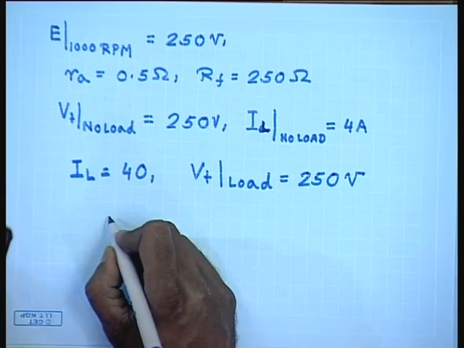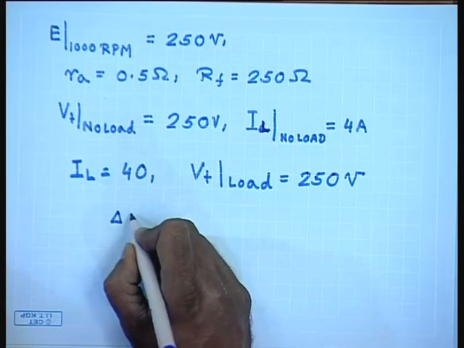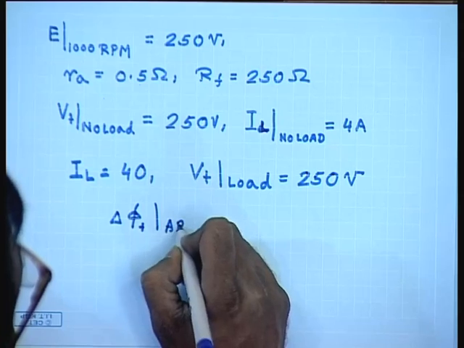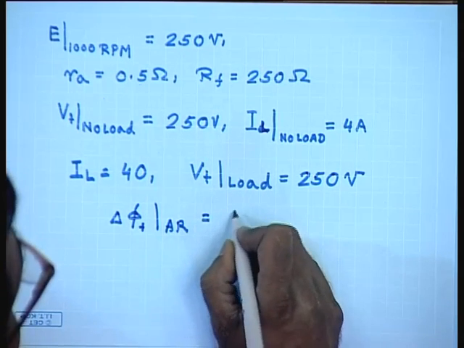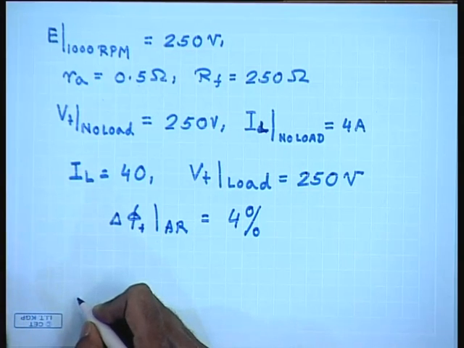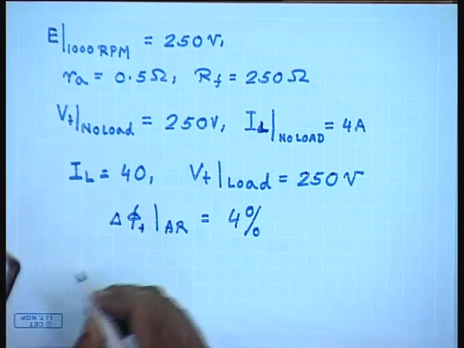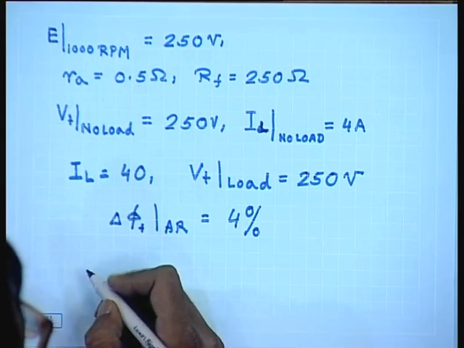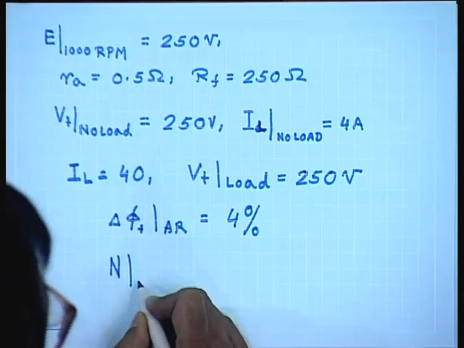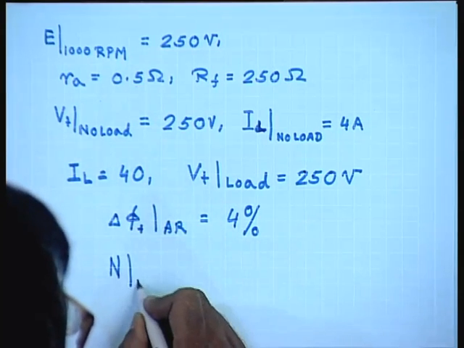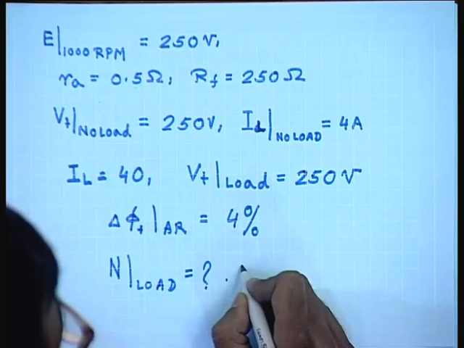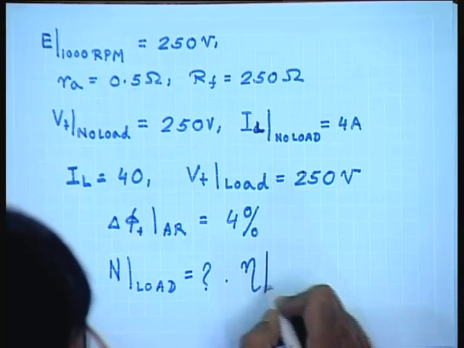Suppose it has been found that delta phi F due to armature reaction equal to 4%, just as we found out in the previous problem. Now, we are expected to find out the speed at the above load and the efficiency at load.